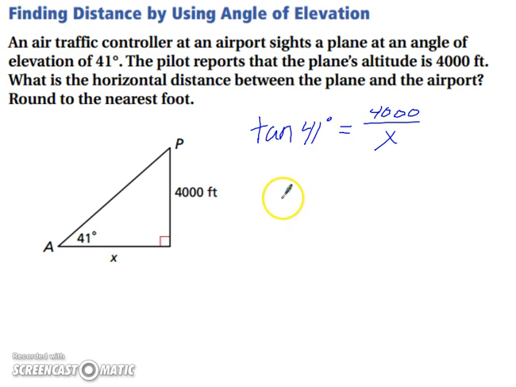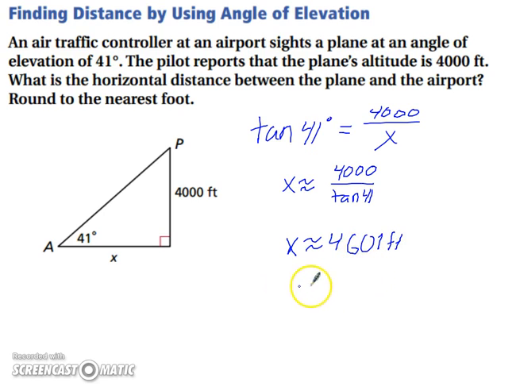So x is about equal to 4,000 divided by the tangent of 41, and therefore x is about 4,601 feet. Try this next one on your own.